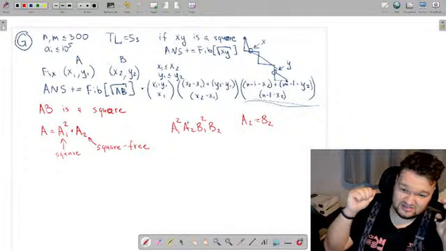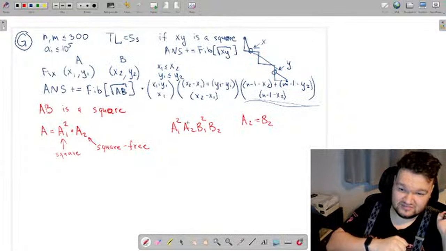Yeah, now we can consider every square free part separately.